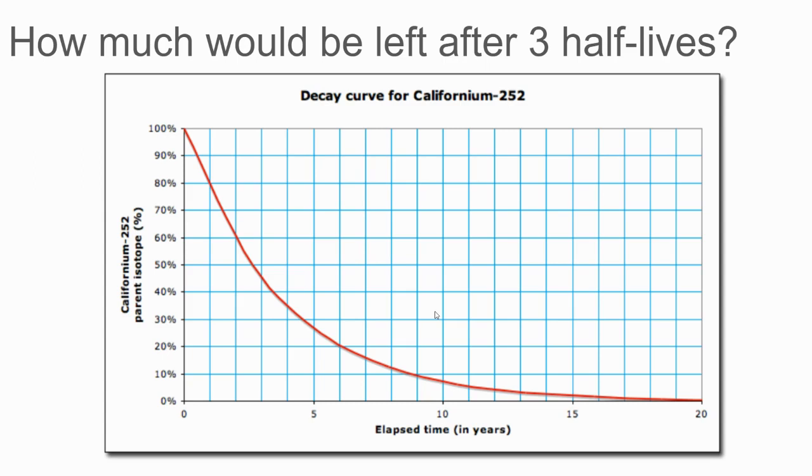After 3 half-lives, we're at 12.5, which is half of 25. The other way you could do that is you could say 1 half-life is 2.5, 2 half-lives is about 5, 3 half-lives is about 7.5, which gives us about 12.5 again. So the answers for this kind of question on the test will be multiple choice, so there should be a big enough gap that you'll be able to pick out the right answer.